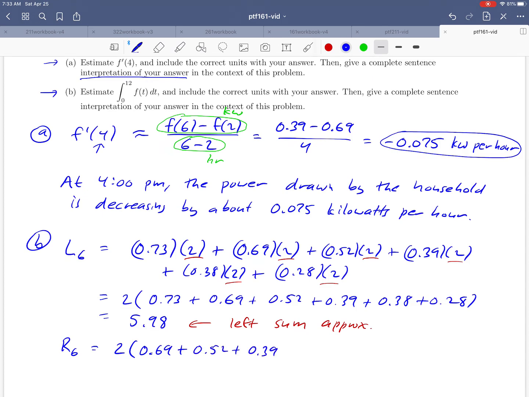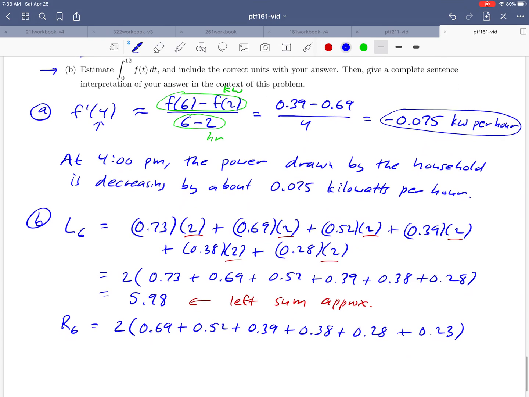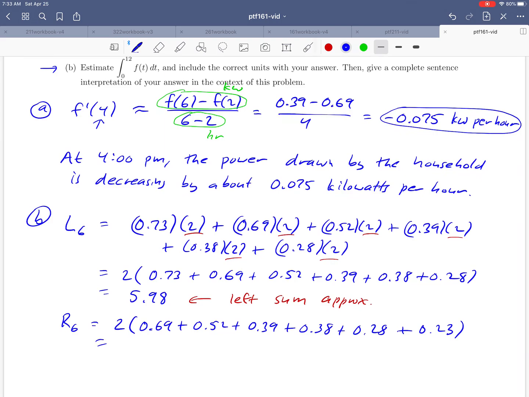You can look at the table and confirm these numbers. The very last number is 0.23, our very last right-hand endpoint. You can do this calculation and confirm that you get 4.98. There's our right sum approximation.